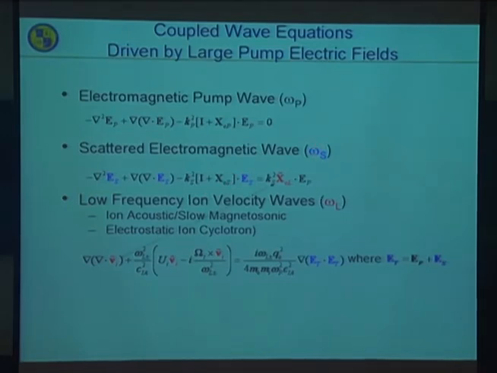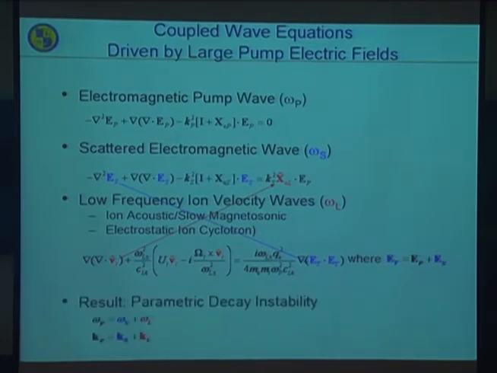Next slide, please. So there are couplings between the ion velocities in the low frequencies to that equation, that drives this equation, and the next slide, and the electromagnetic waves in this equation coupling in across to here, from this down to here, which drives the low frequency.